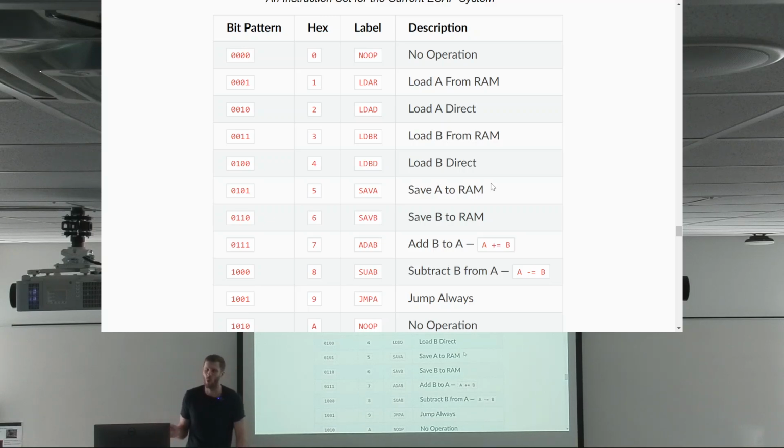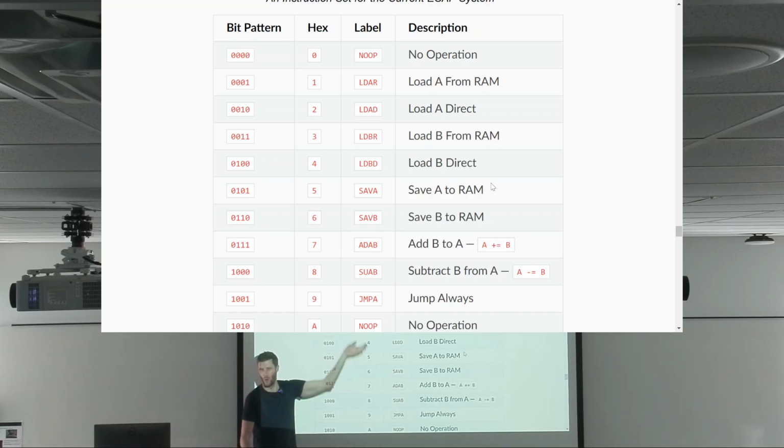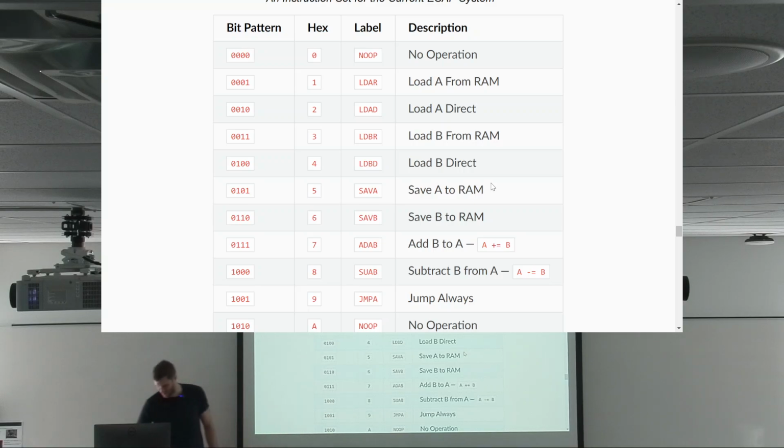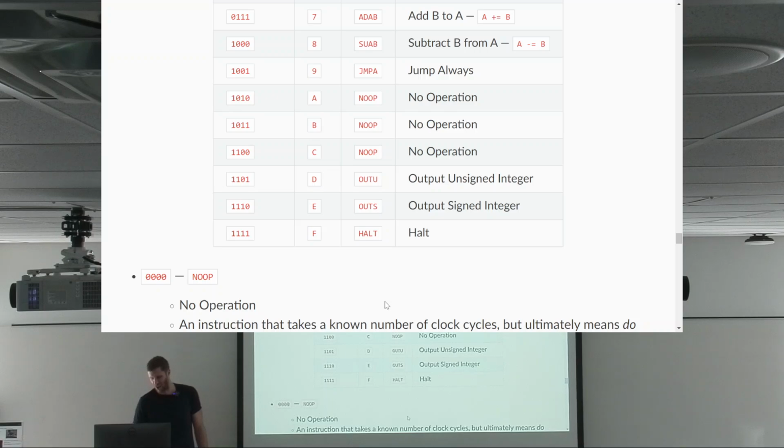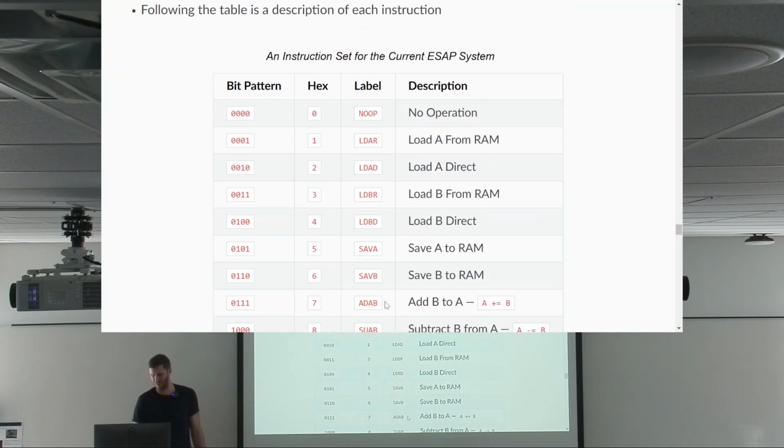The one exception, where there is some reason, is that 0 is no op, because 0 means nothing, and no op means nothing. So there was a little method to the madness there, but all these other ones don't really matter. I guess I liked halt being at the end, but it didn't really matter. Even no op being 0 doesn't really matter, but that's the one I think there's the biggest motivation for. The instruction is 0000, it's nothing. That's basically it.